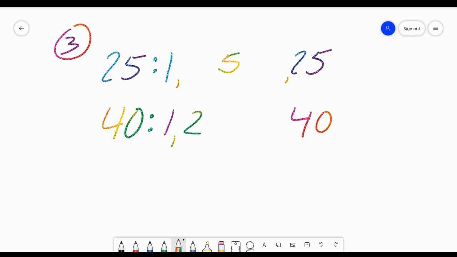For 40, I have 2 times 20. I have 4 times 10. Oh, and see now I'm running into a problem. I have 5 times 8. You see the problem here is I didn't give myself enough room. So I got to give myself more room.